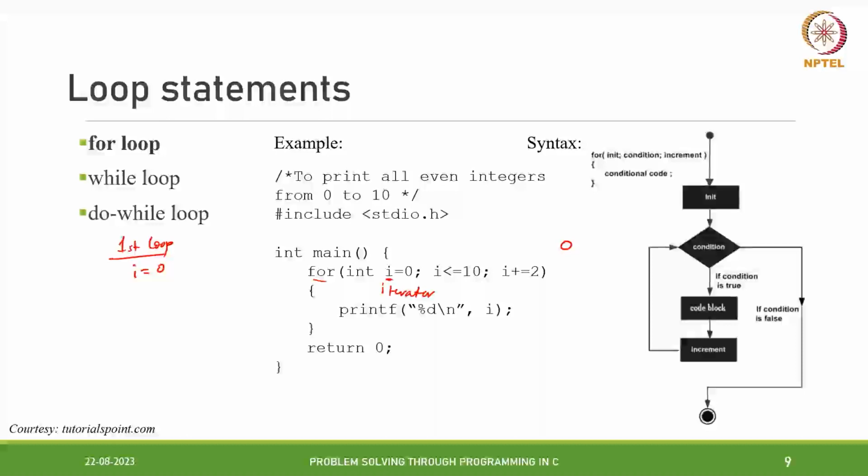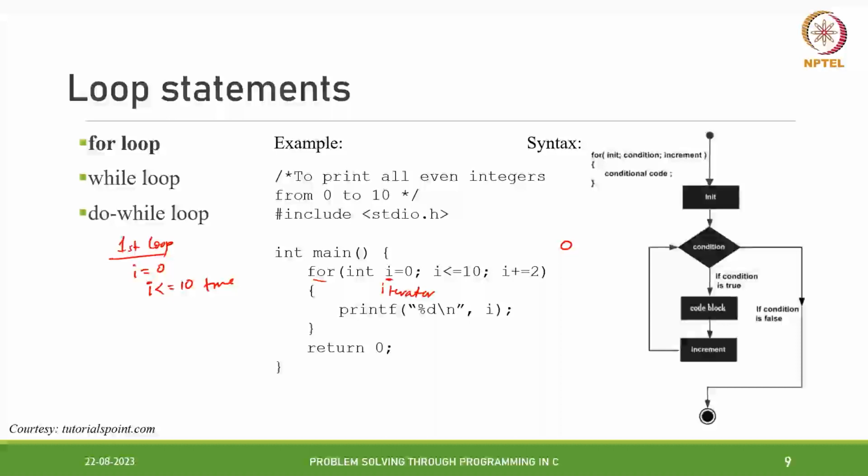Sorry, before that, when it starts the loop, it will initialize i to 0 and check if i is less than or equal to 10, which is true because i is 0. So the condition checking occurs at the beginning. Once this is true, whatever is inside the for loop will be executed.